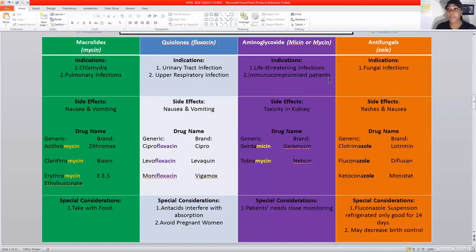Toxicity in the kidney. When it says that it is used to treat life-threatening infections, I can almost see that a side effect would be toxicity in the kidney because it is fighting against something very strong. I almost think about chemotherapy. When chemotherapy works, it kills good cells as well as bad cells, right? It kills the good white cells as well as the bad white cells.